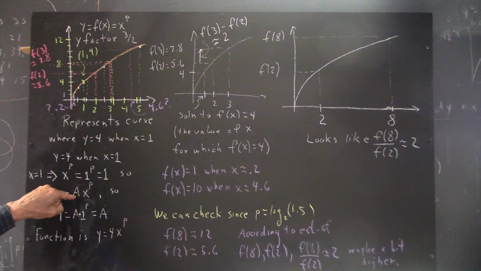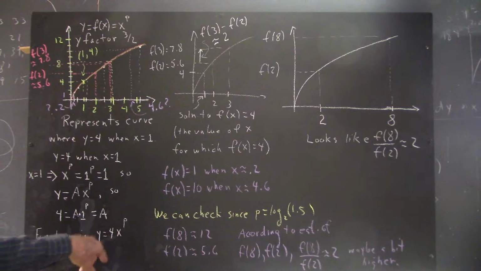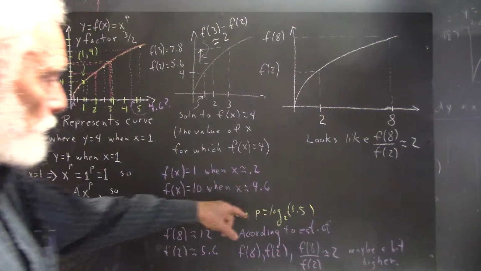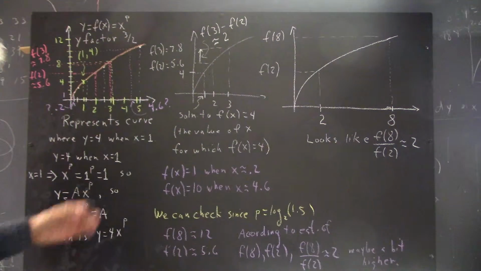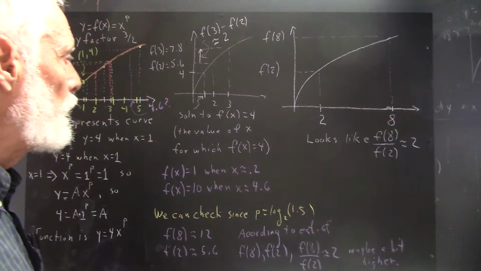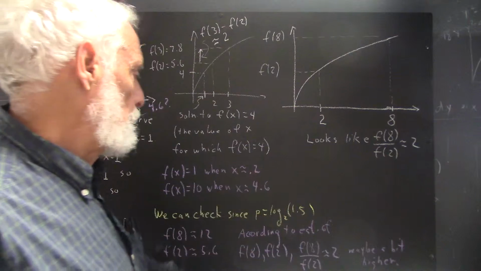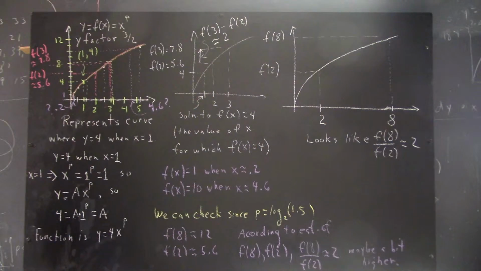If a equals 4, then y equals a x to the p is y equals 4x to the p. So this is a graph of y equals 4x to the p, and we know that p is log base 2 of 1.5. We talked about how to calculate that, and it's easy to punch into your calculator. You do log 1.5 divided by log 2, and you get the actual formula for the function so you can compare your results.